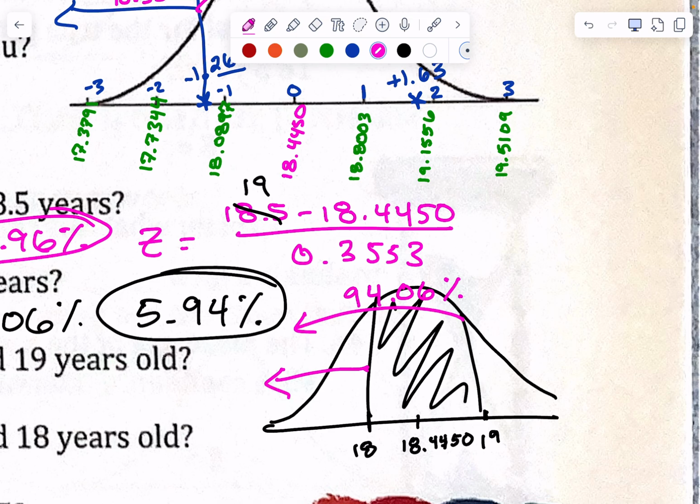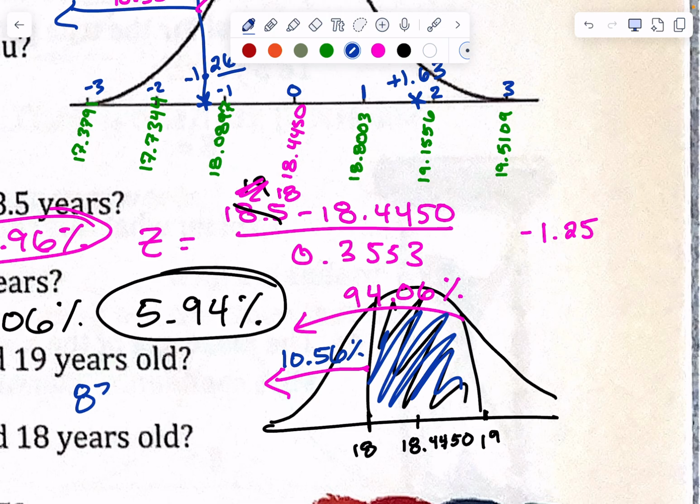Figure out what 18 is exactly, and then you subtract those two percentages, right? If I do 18 exactly, 18 minus 18.4450 is a negative something, negative 1.25. If you look it up, what percent is lower than negative 1.25? 10.56%. So what percent of students should be between 18 and 19 years old?